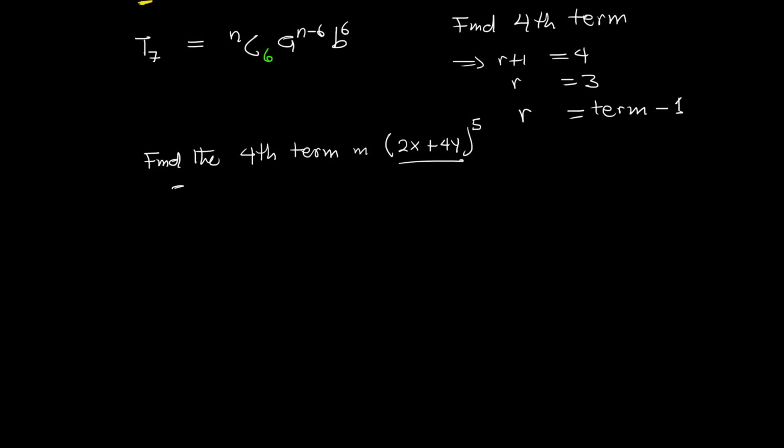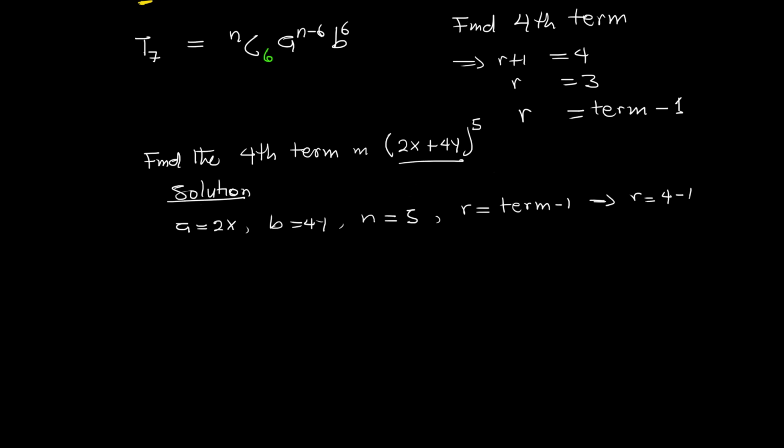So this is the problem that we have, and our solution: 2x plus 4y implies that we have a equals 2x, b equals 4y, n equals 5, and r relates to the fourth term. So r is given by the term number minus 1, which implies that r equals 4 minus 1, and that is equal to 3. We are to find the fourth term.